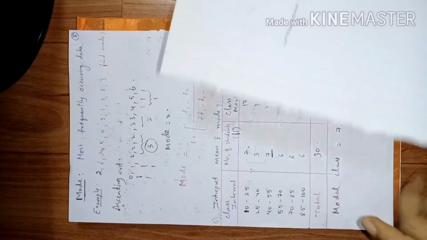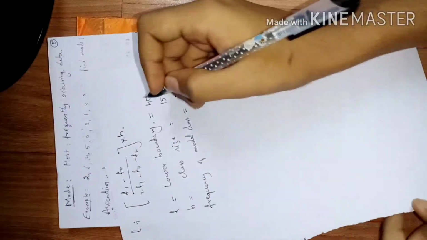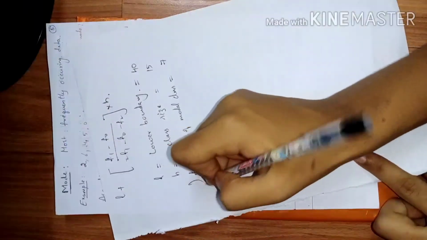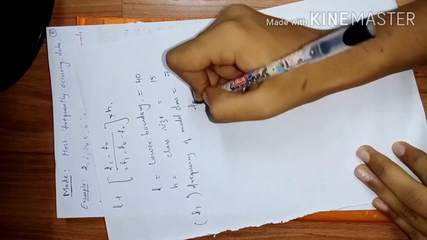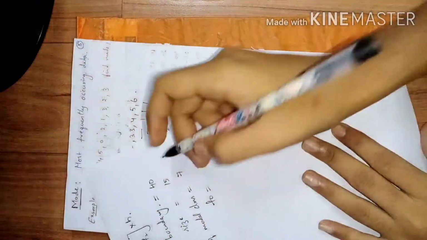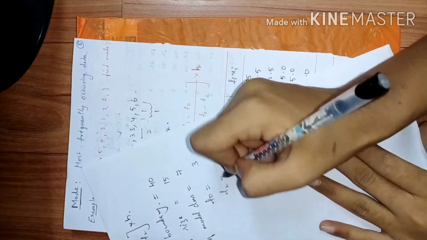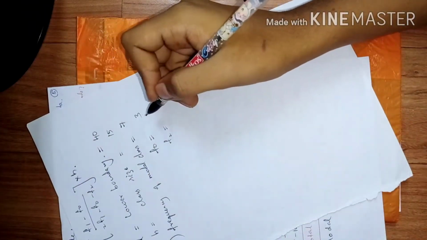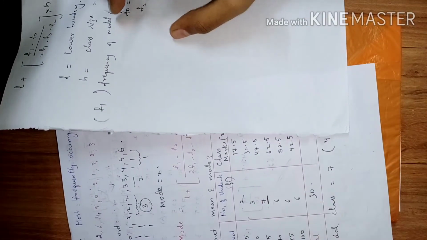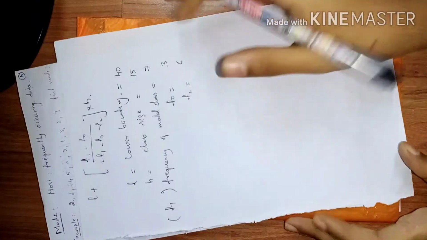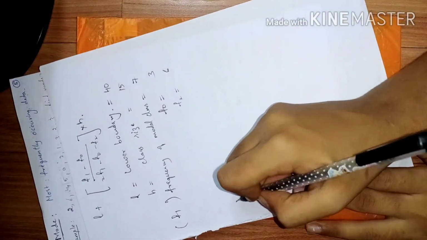Its frequency is 7. This is denoted by f1. f0 is the frequency of the class above, which is 3. f2 is the frequency of the class below, which is 6. So 7, 3, 6: f0, f1 and f2. These are the 3 values.